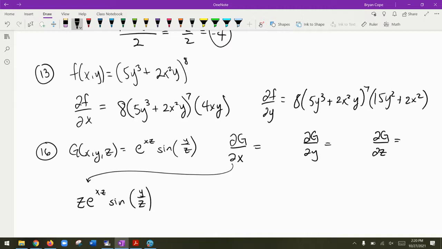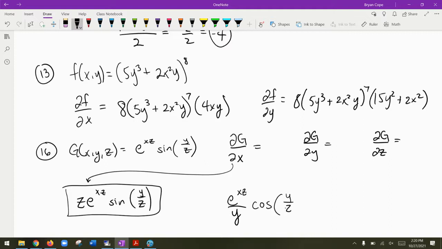All right, let's take someone else for del g del y. Nathan Wong. E to the xz times cosine of y over z over z. Yes, I like it. Okay. So he's recognizing that this thing is a constant if we're differentiating with respect to y.